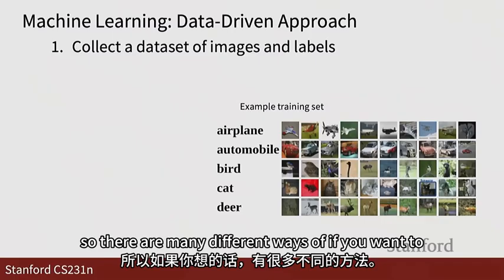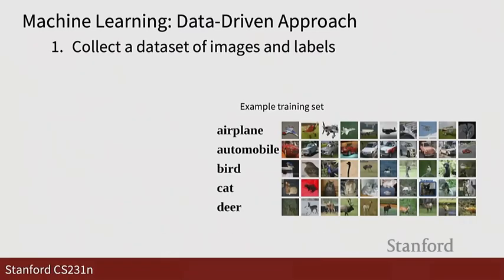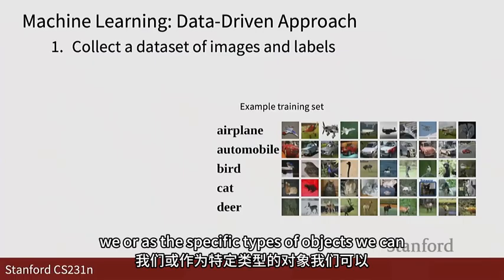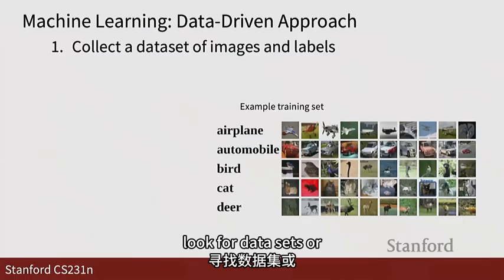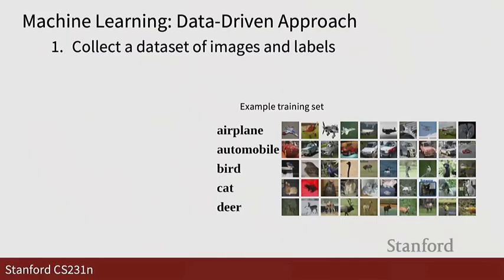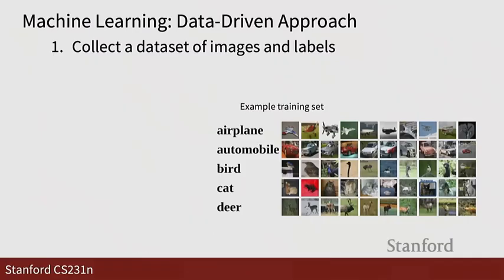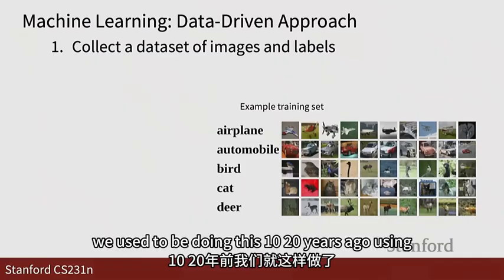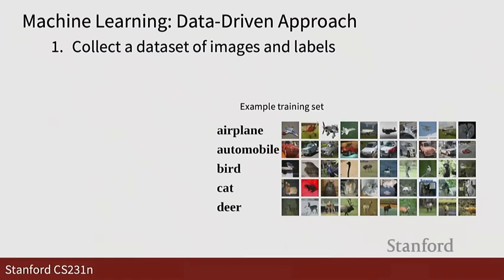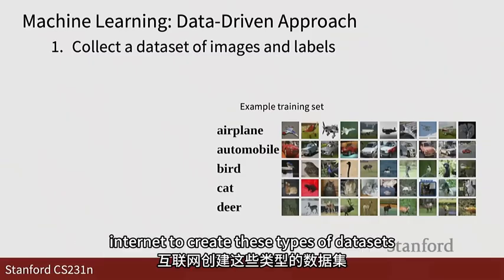If you want to recognize a specific type of object, or specific types of objects, we can look for data sets or single data points over the internet to create many samples from each of the examples. We used to do this 10, 20 years ago using search engines and image search engines over the internet to create these types of data sets.